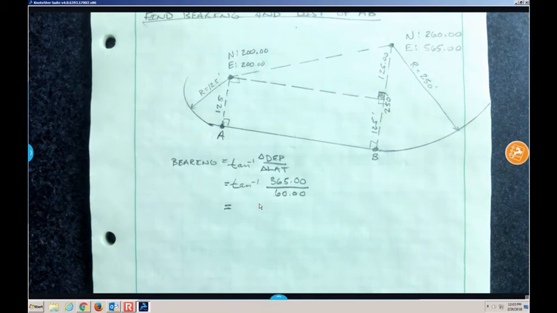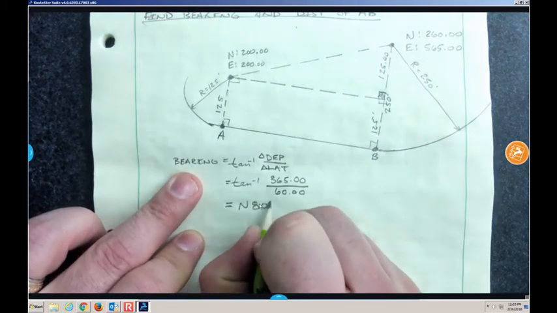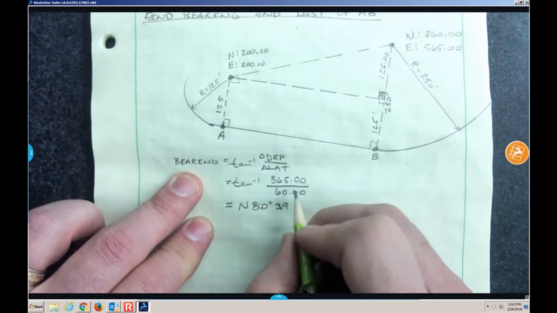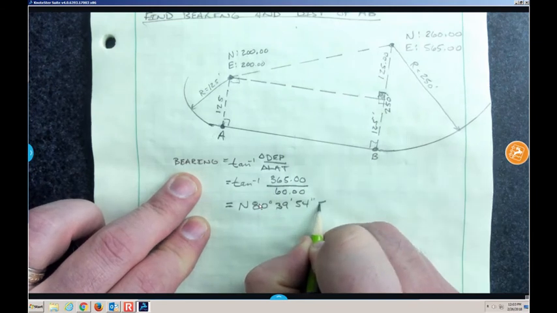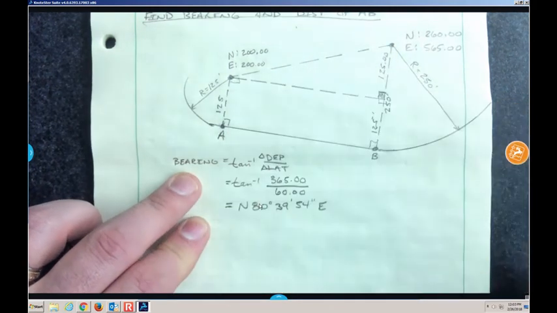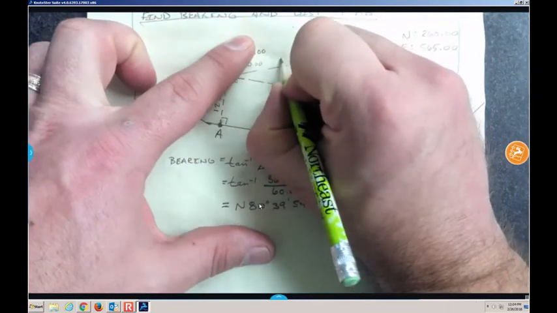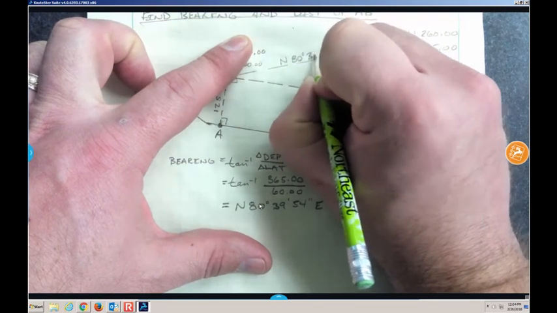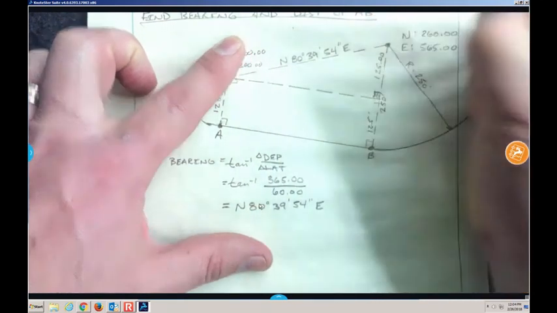North 80 degrees, 39 minutes, 54 seconds east. We're heading northeast. Okay, so we just figured out the bearing: north 80 degrees, 39 minutes, 54 seconds east.